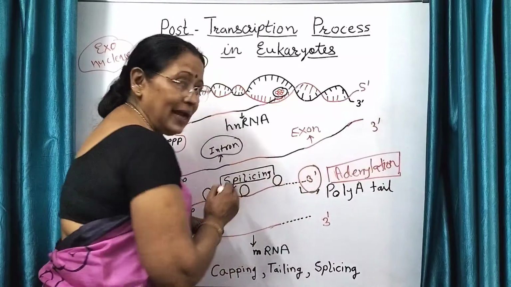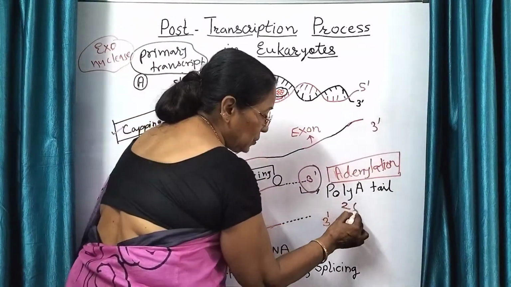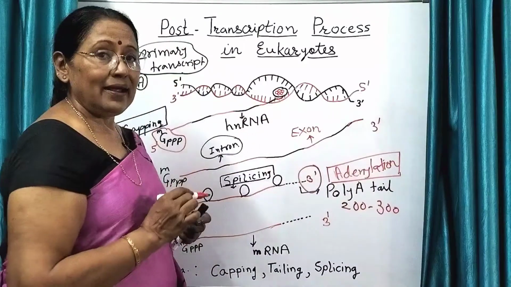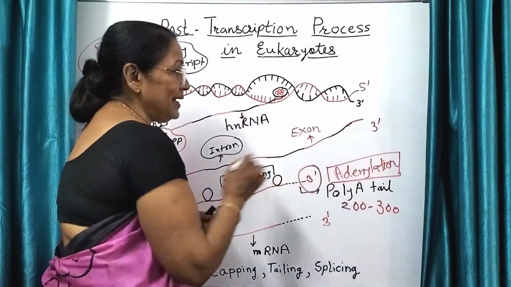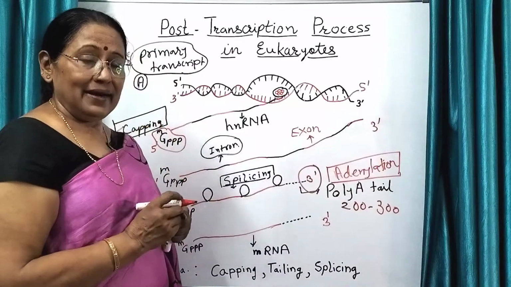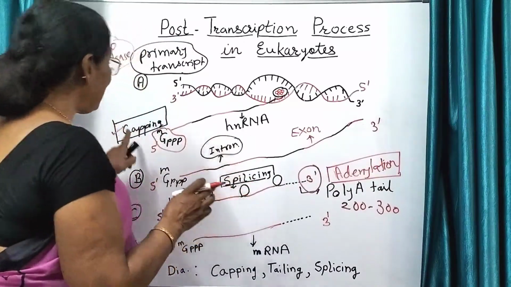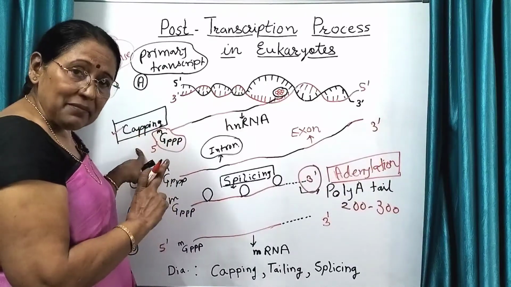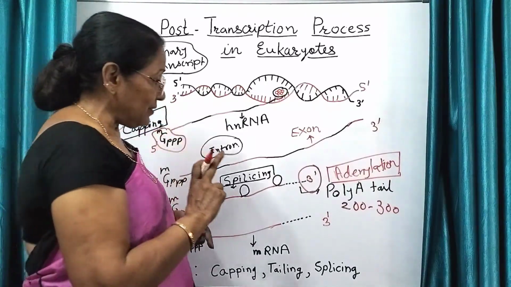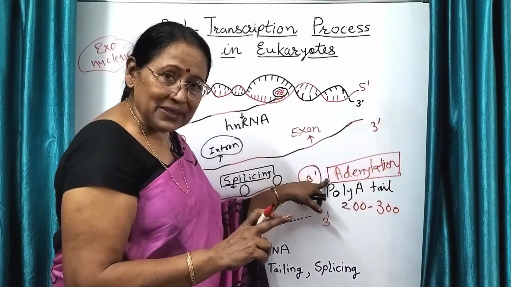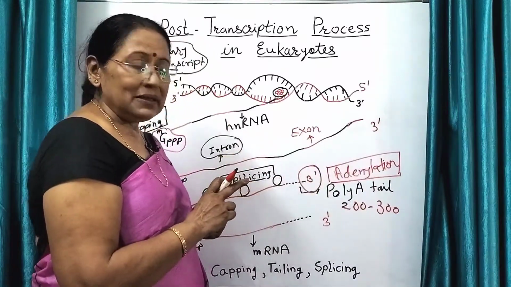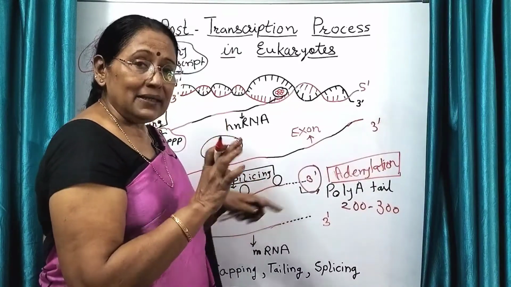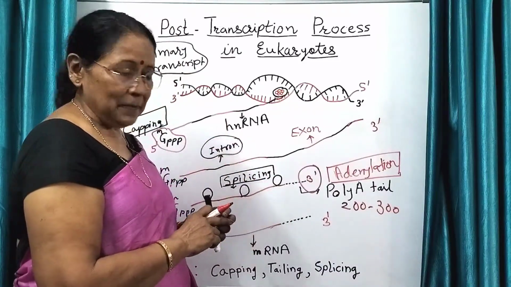Like capping protected the 5' end from exonuclease activity, the adenylation process helps the 3' end not to be degraded by exonuclease activity.